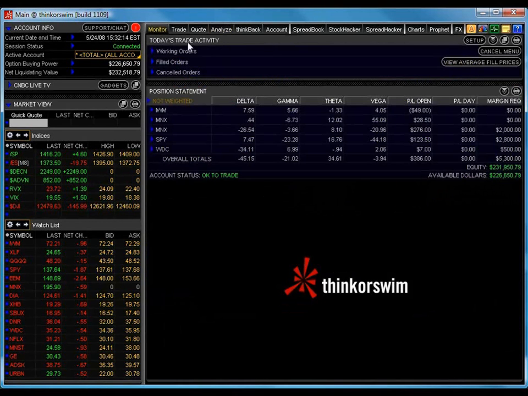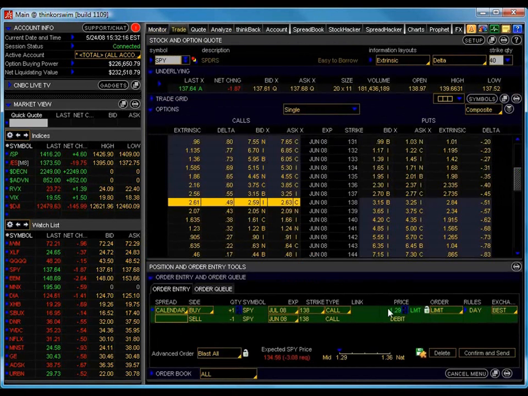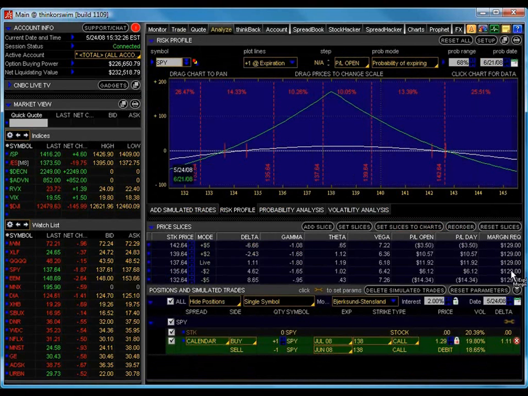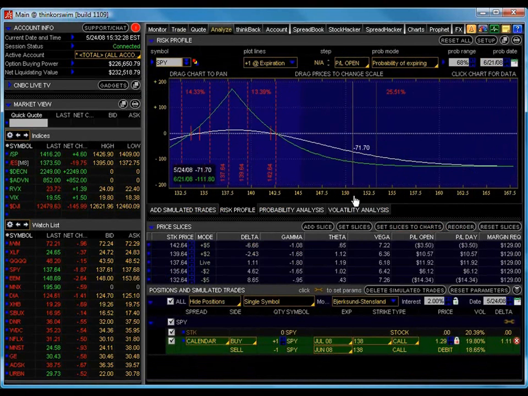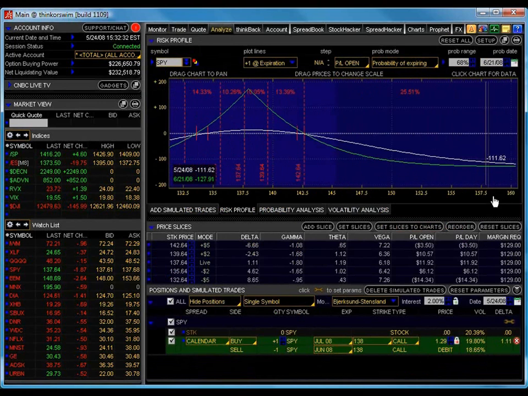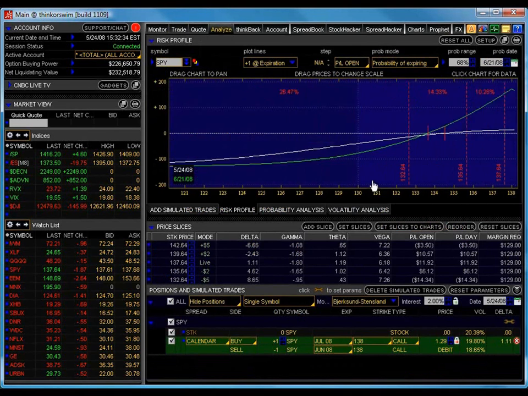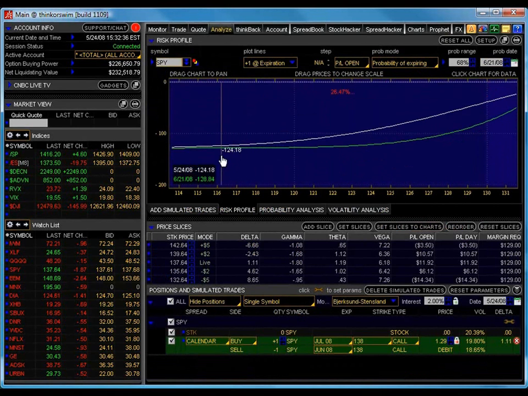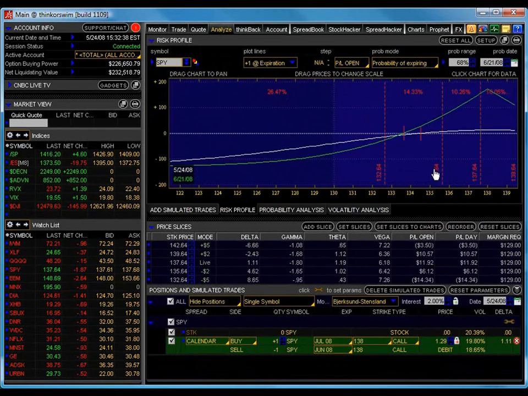Now, I mentioned that the maximum loss on this position is $129, as you can see from this graph, because that's the margin requirement, and also on the graph you can see that it doesn't matter how high the price goes, it's $129 loss maximum, and it doesn't matter how low the price goes, it's $129 maximum loss.